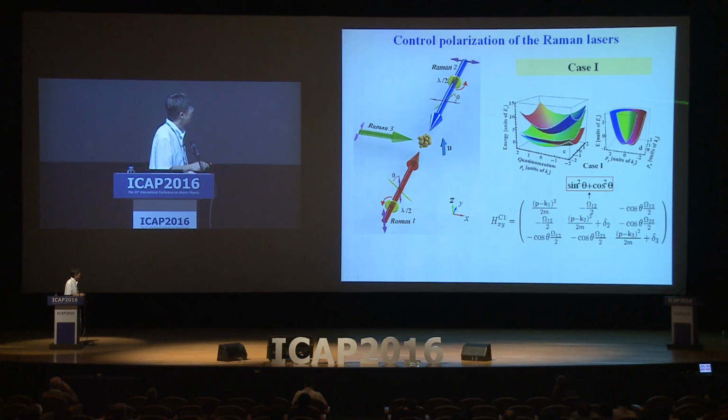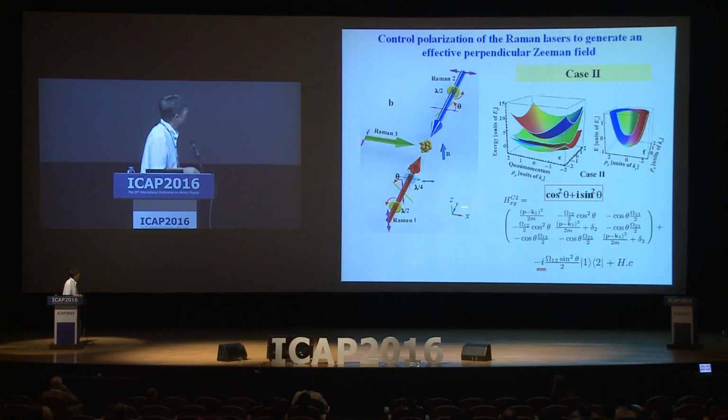Our experiment result is simple. We first consider two different cases. In case 1, we rotate Raman 1 and 2. The polarization keeps linear, but keeps orthogonal. So all the Raman couplings stay real, and we cannot open the gap at the Dirac point.